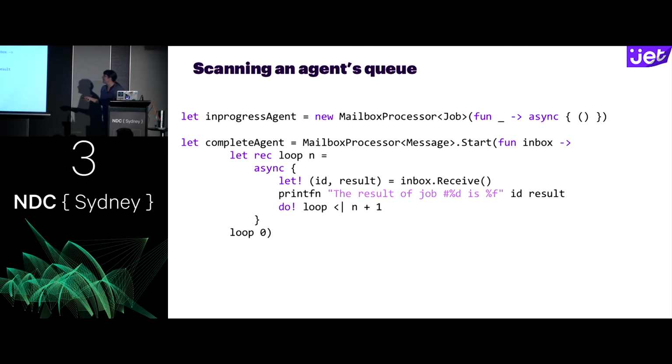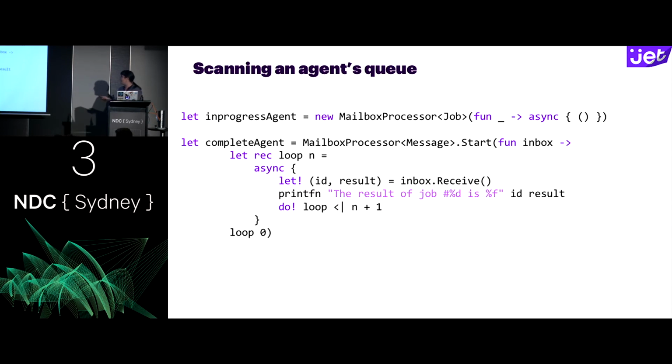One more thing that's important to a message-driven setup is being able to scan an agent's queue. Here we have these two, which are taken from a very small app that uses a couple of actors to simulate monitoring and then canceling jobs that are being created.